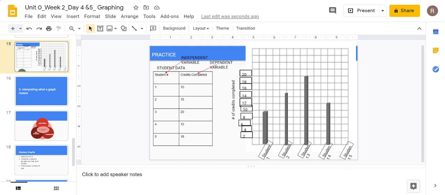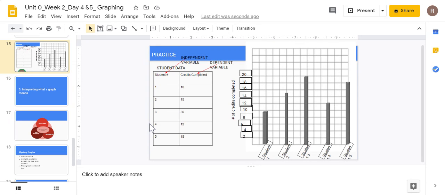And finally, student number 5 has 18 credits. So I'm going to go one more time at the end here. 2, 4, 6, 8, 10, 12, 14, 16, 18. 18 credits for student number 5.